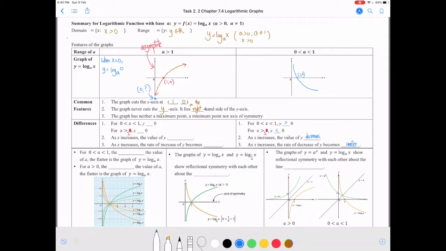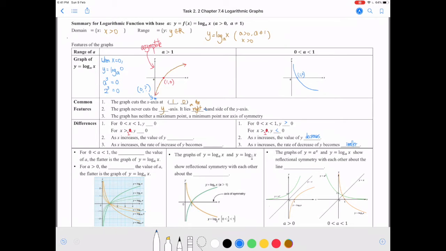We can write a to the power of y equals 0. What is the value of y? Suppose, instead of a, I use 2. 2 to the power of y is 0. Is that possible?